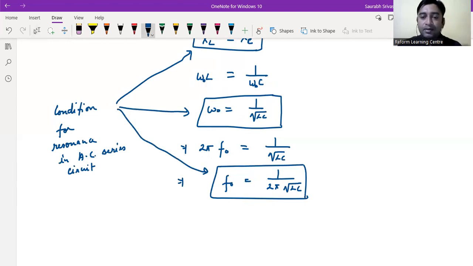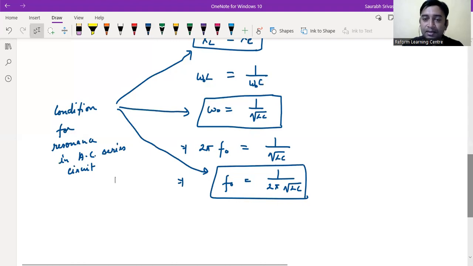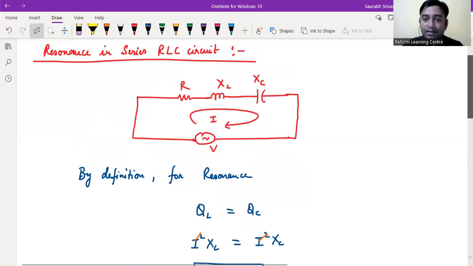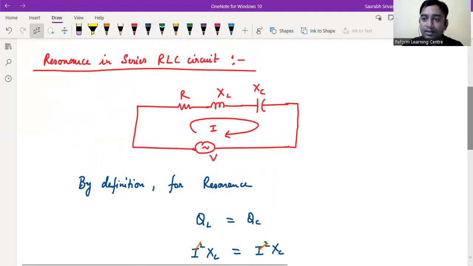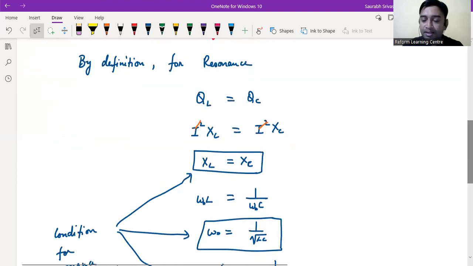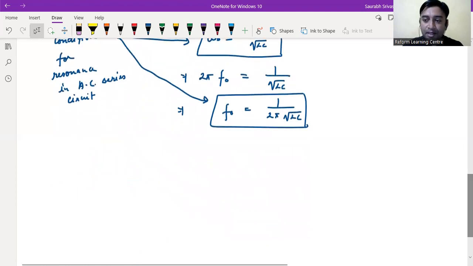These are the conditions for resonance in series RLC circuit. Now also, a circuit में resonance कब होगा? We have discovered. Now, the circuit has special properties when it is in resonance. What are the properties of this circuit when it is in resonance? This will be your next subheading.